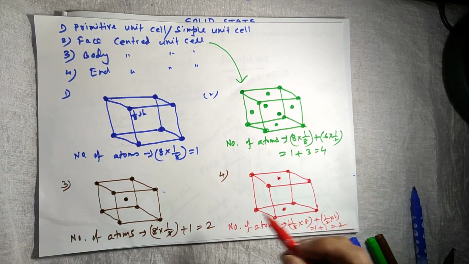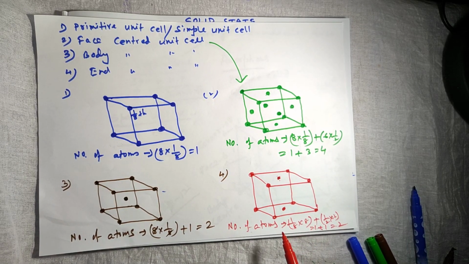So in an end centered unit cell, the number of atoms will be 2.